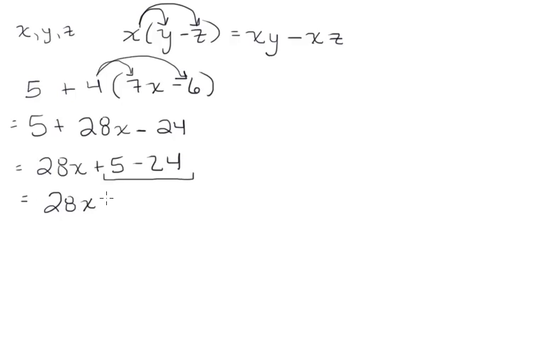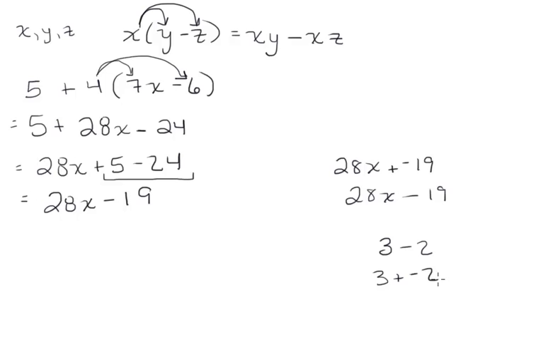So 5 minus 24 is a negative 19. Remember, I could write this as 28x plus negative 19 or 28x minus 19, the same thing, for the same reason as 3 minus 2 and 3 plus negative 2 are the same. This is equal to 1, this is equal to 1.